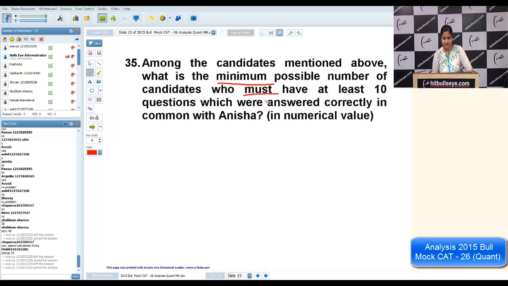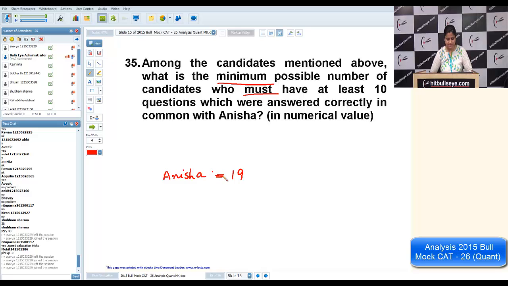We'll take the data of Anisha. Let us see. If I take Anisha's VA section, it is 19.